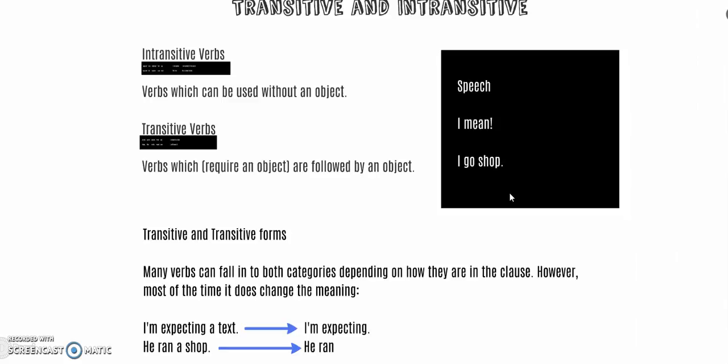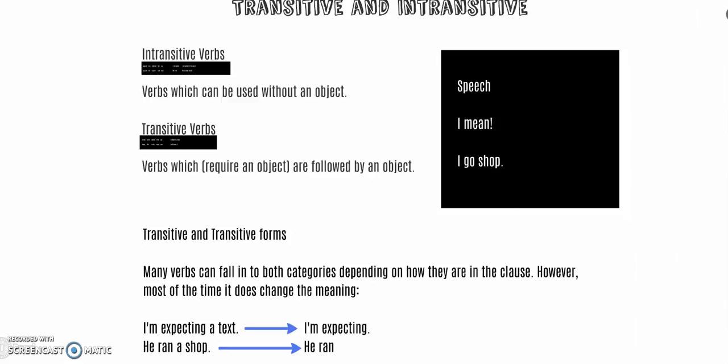If you're writing I mean down, you wouldn't use it in its intransitive form like that. By itself it doesn't make sense, but it is something that we use colloquially in speech.